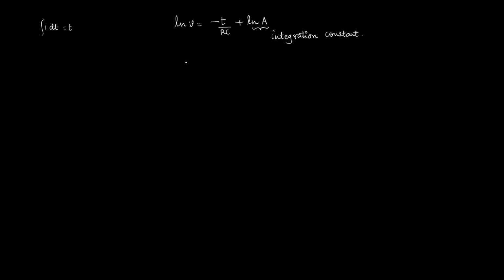So we get ln of V minus ln of A equal to minus t by RC, and we know that natural log of V minus natural log of A can be written as natural log of V by A. So let us rewrite here. This is equal to minus t by RC.